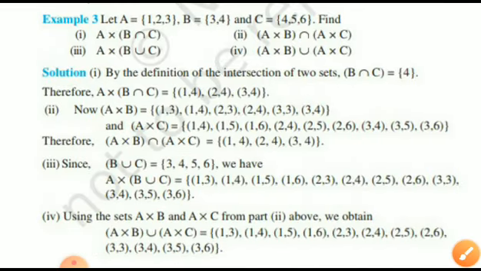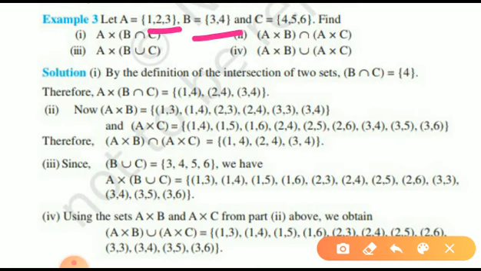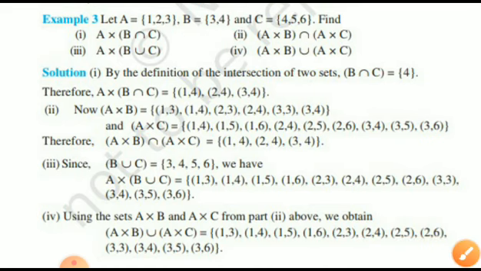Now see the next. Let A be equal to {1, 2, 3}, B is given to be {3, 4} and C is given to be {4, 5, 6}. Now what we should do is, we have to find out these 4 things. So the first one is A cross (B intersection C). See, always whatever is there in the bracket, you try to solve it first.